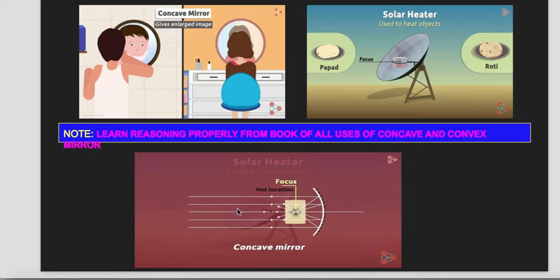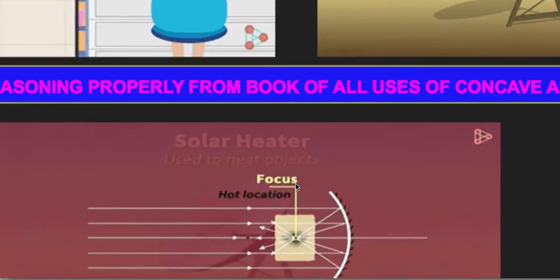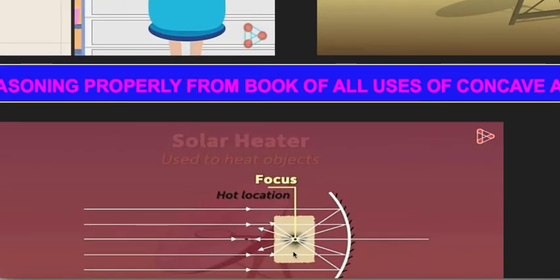Now what do we know about concave mirror? When the object is at infinity, like this way the sun rays are coming, if there is a concave mirror placed in front, what will the concave mirror do? It converges all the light rays at a particular point, and that point is called as focus. So at focus all the rays meet at a point called as focus.